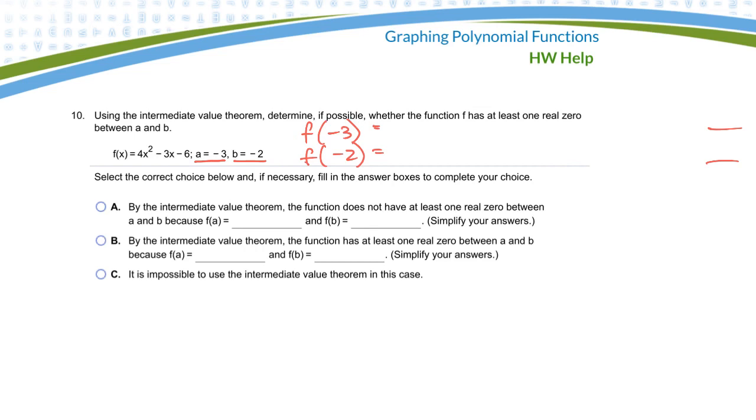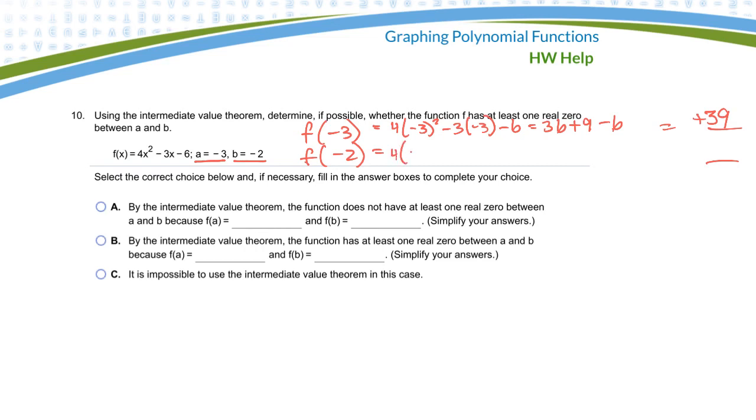So let's do minus 3. 4 times minus 3 squared, minus 3 times minus 3, minus 6. Minus 3 squared is 9, times 4 is 36. Minus 3 times minus 3 is a positive 9, minus 6. So 36 plus 9 is 45, minus 6 is 39. So it's positive 39.